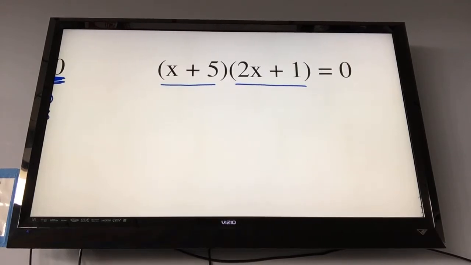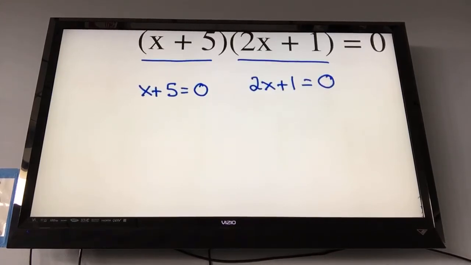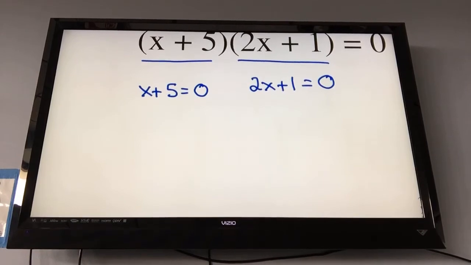So again, two things multiply to get 0, which means one of them needs to be 0. So either x plus 5 equals 0 or 2x plus 1 equals 0. So one of those two factors, just things you're multiplying, has to be 0. And then we solve each one of these, like again, that we did 2 units ago.